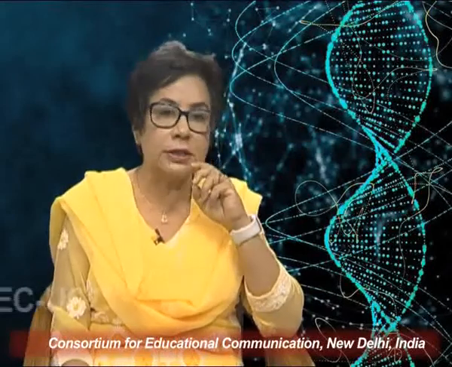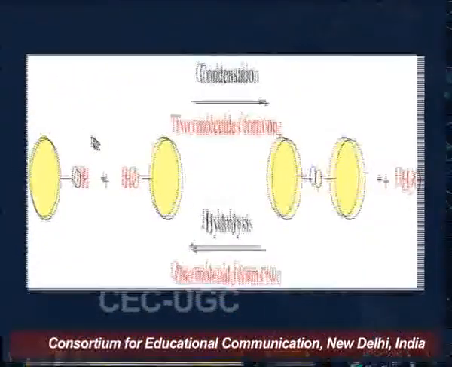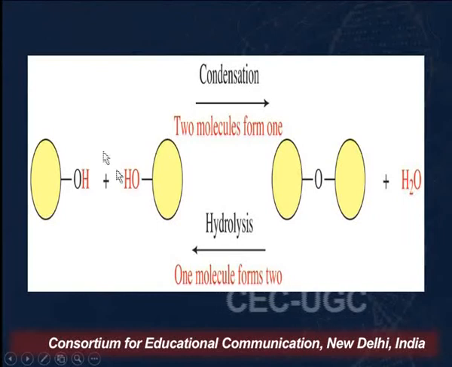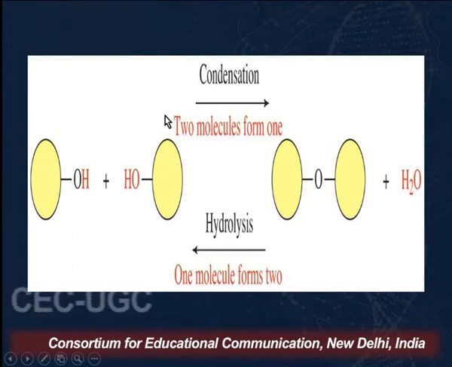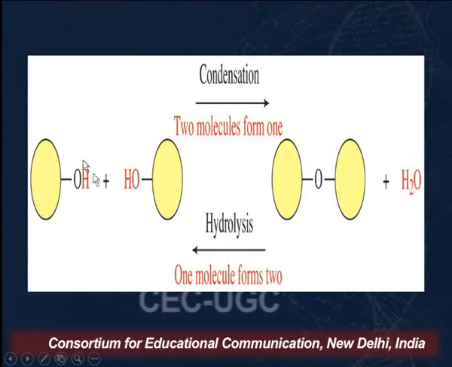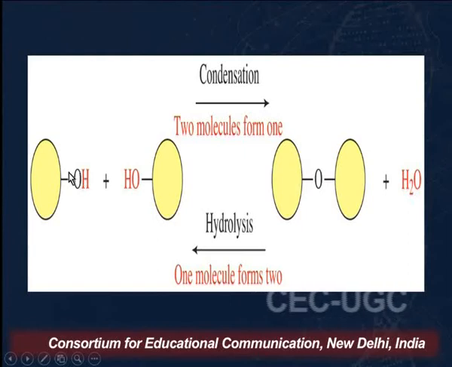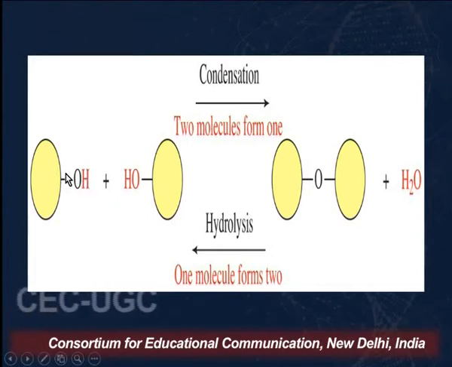So what you can see on your screens now, I have shown you a diagram. This is one monosaccharide, this can be glucose, galactose, or it can be fructose. So these will react among themselves. This has to be the anomeric OH, that is the OH which is attached to an anomeric carbon.